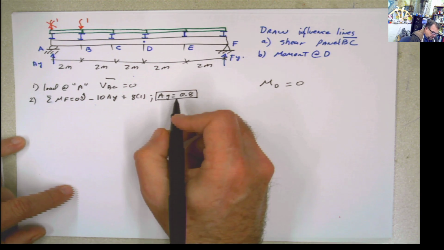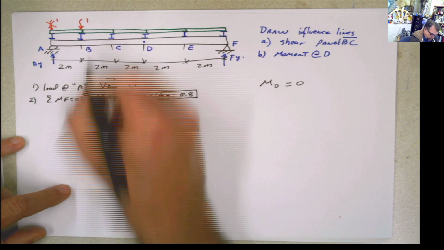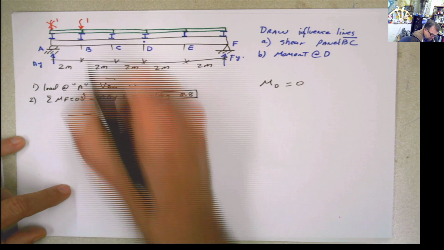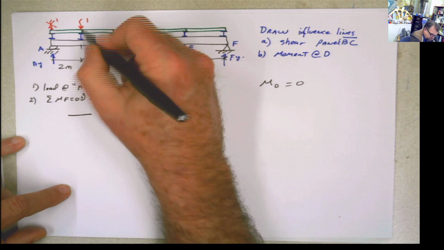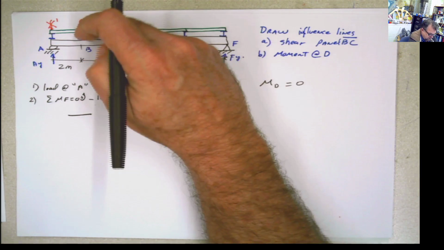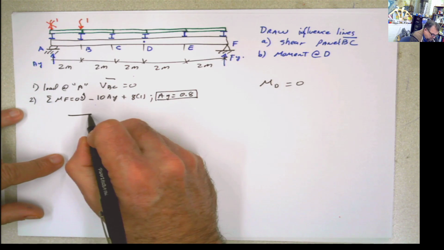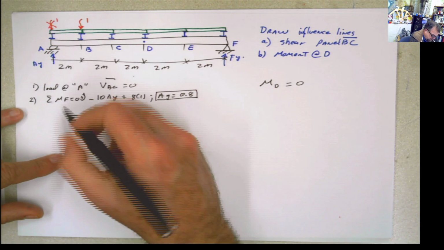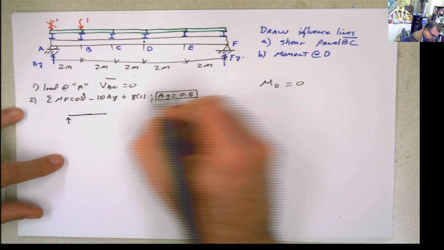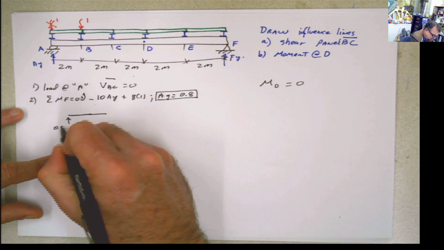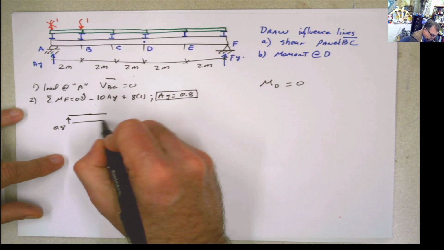Now once we have the reaction, we just do this little cut. Remember, I'm interested in the shear at B, which is going to be the same across the panel. If I do that, I'm going to have this AY 0.8, this distance which is 2.